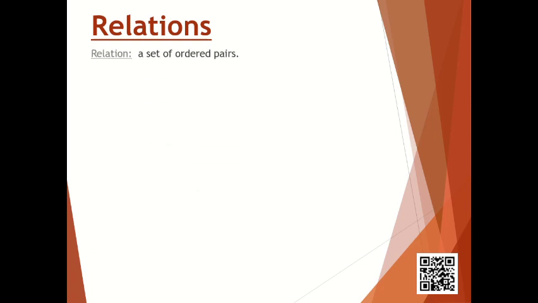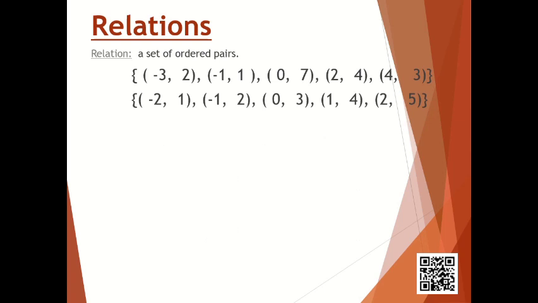So, going back, let us describe first what is relation. When we say relation, it is a set of ordered pairs. So, yan yung ganyan yung relation. Mapapansin nyo, in those particular pairs, we have the x's and y's in the ordered pairs.